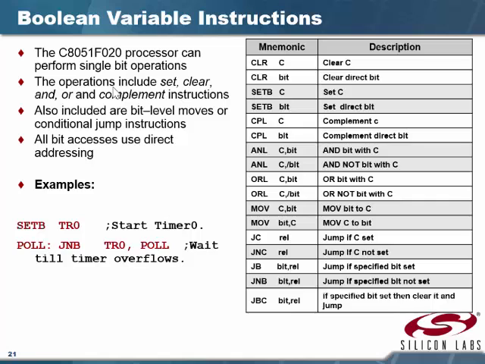And then I can also say jump if a specific bit is set, clear it, and then jump. So in other words, I can clear the carry bit before I do the jump. That's quite often used for interrupt flags, for example. So these are all my bit level instructions.